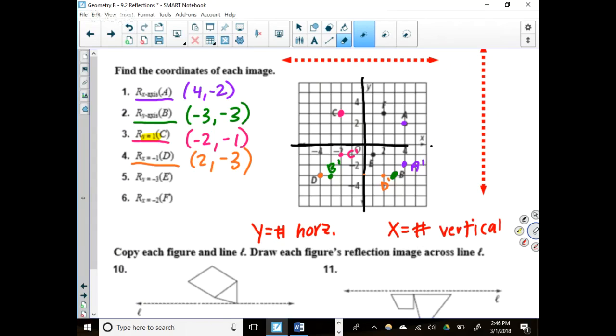Do we have geometry today? We're going to have a lot of fun.